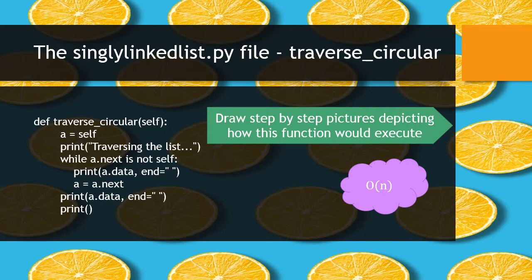And if we have a circular singly linked list and we want to run the other class functions on it, like insert, delete, etc., we can always first convert it to a singly linked list using linearize and then do whatever we want to do. And we have a separate traverse function for the circular singly linked list. This is the end of the singly_linked_list.py file.